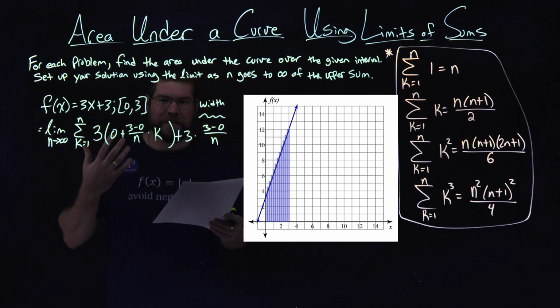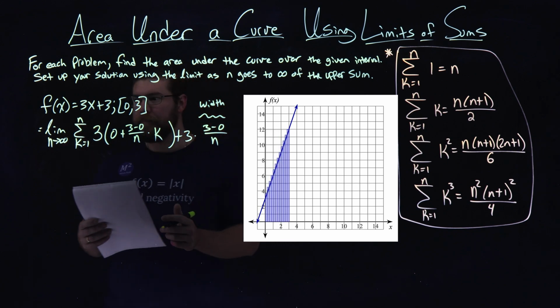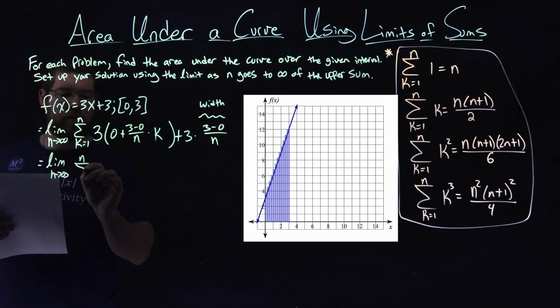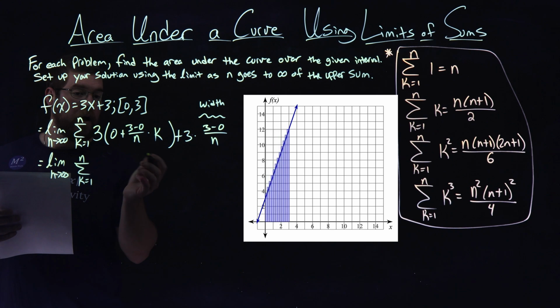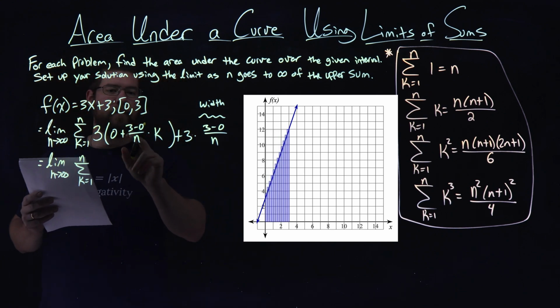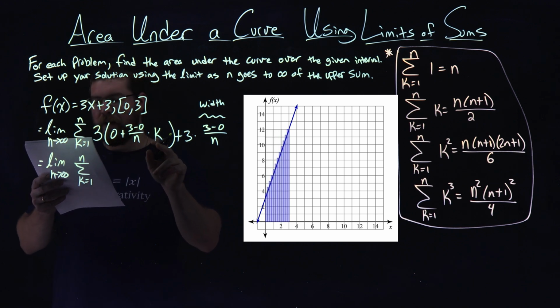Now we see if we can simplify this slightly and then evaluate the limit. We have the limit as n goes to infinity of the sum, k equals 1 to n, of this inside. How much should I simplify that out? Well, 3 minus 0 is 3, over n times k, is 3k over n.